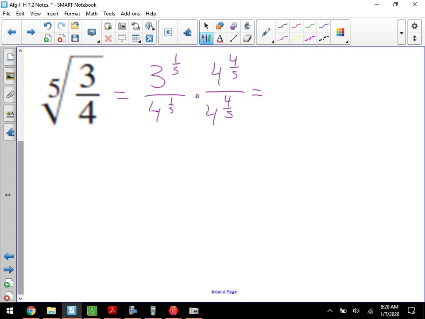All you have to do is add your exponents. What's 1/5 plus 4/5? 5/5, otherwise known as 1. Which means your numerator is 3 to the 5th times 4 to the 4/5. You can't combine those because they have different bases.